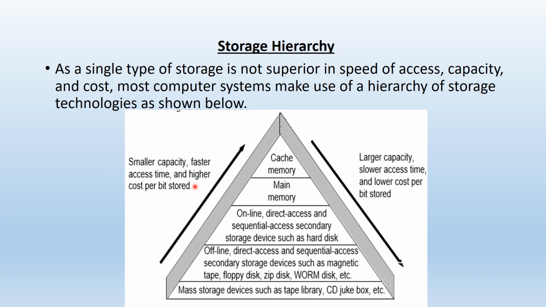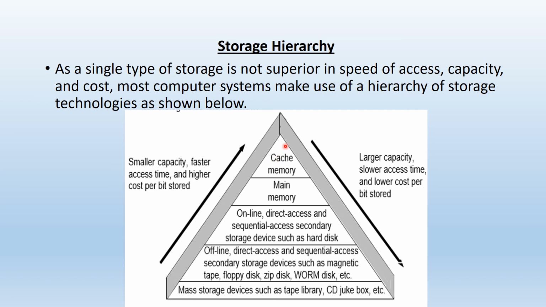The other says larger capacity, slower access time, and lower cost per bit stored. So this is what it means: the larger the capacity, the slower and cheaper it becomes, and the smaller the capacity, the faster the access time and the more expensive it is to store data.